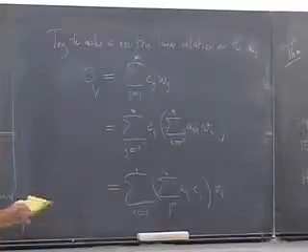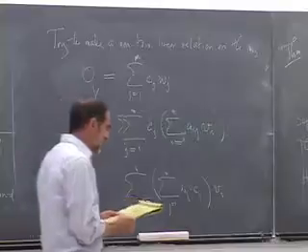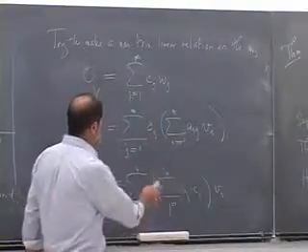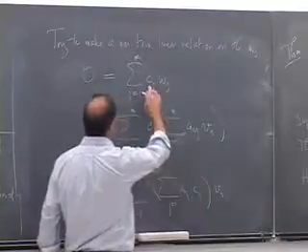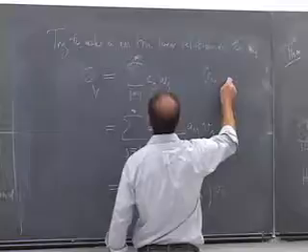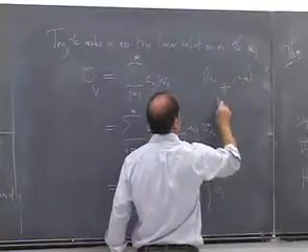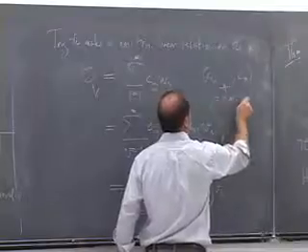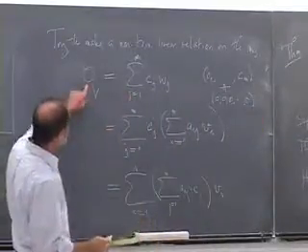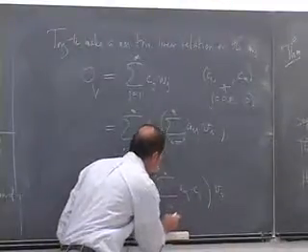Okay? Now, we're trying to look for this linear relation, so we're trying to look for a vector c1 up to cm which is not equal to the 0 vector.